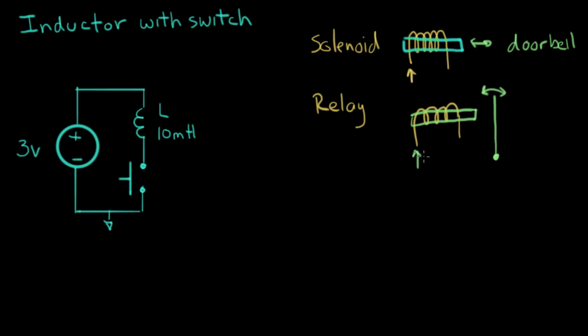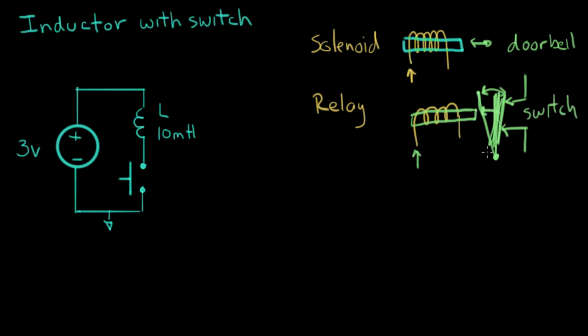When the coil is energized, this piece of metal will tip over here. And when the current stops, it'll move back to its original state. So for example, if there's a connection point here and a connection point here, this piece of metal will go from making a short across there and move away and open and close this bigger switch. So a relay is some sort of a switch.